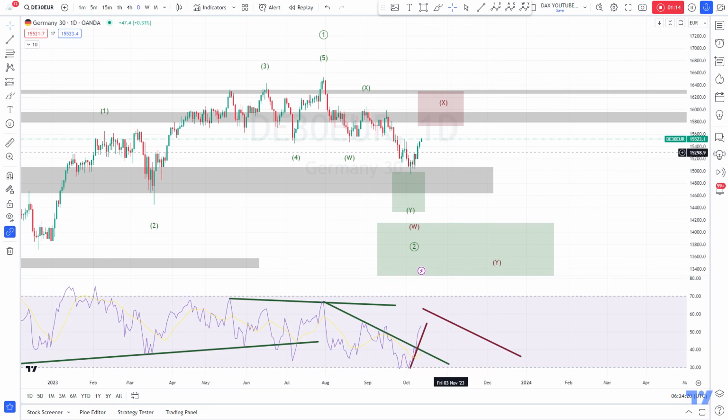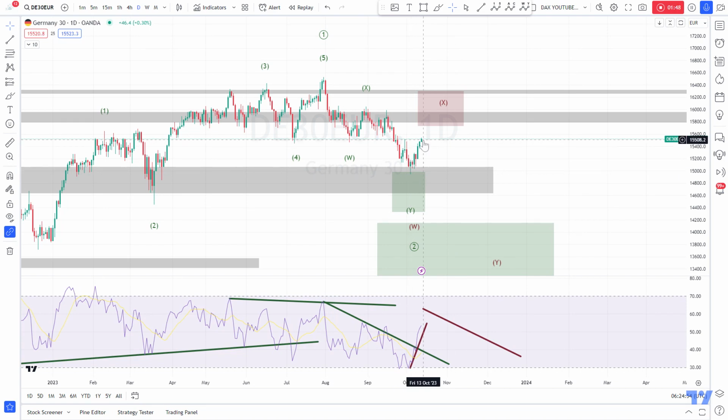And so what is important to observe, I think, is if we further move into this area without really having a pullback, then we should be careful with the next leg down, because I believe it can break this low here immediately.